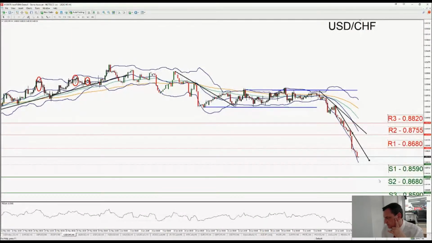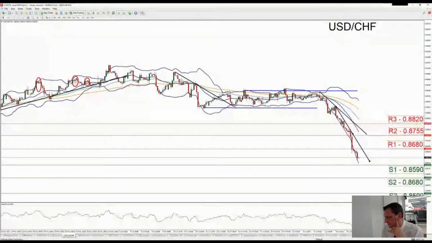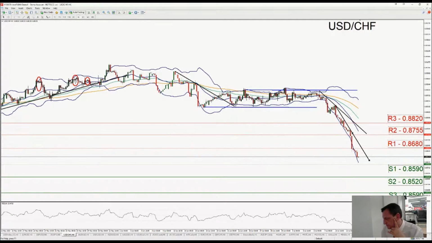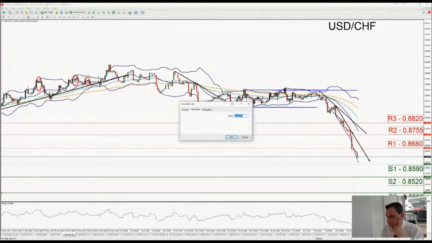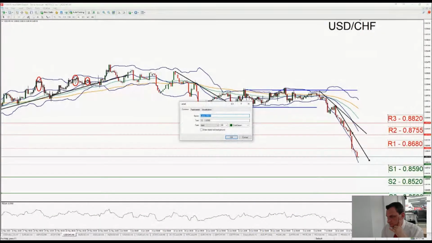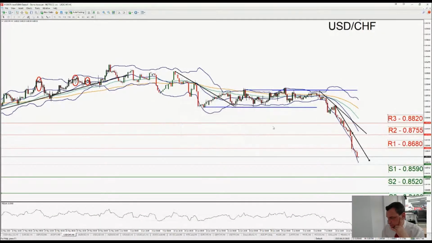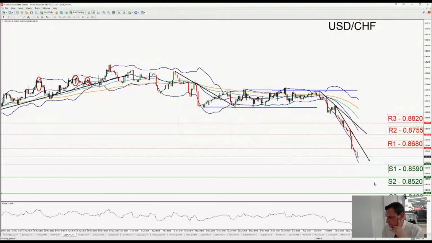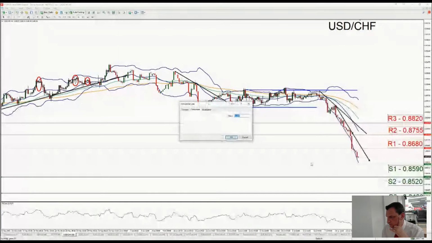The S2 at 0.8520. And the S3 at 0.8425. Let me correct that, verify that. 0.8430. Yep, that's it.